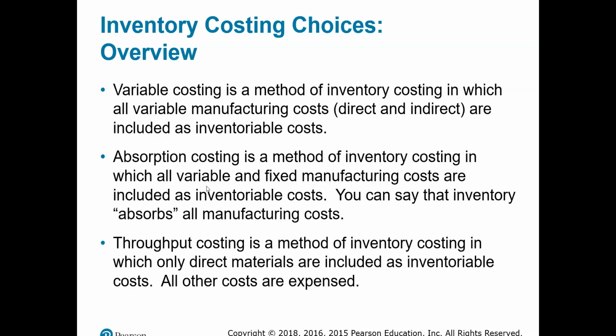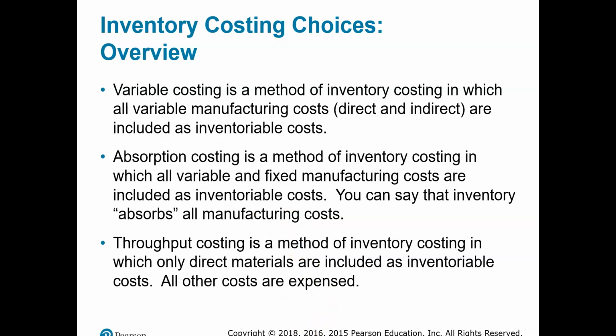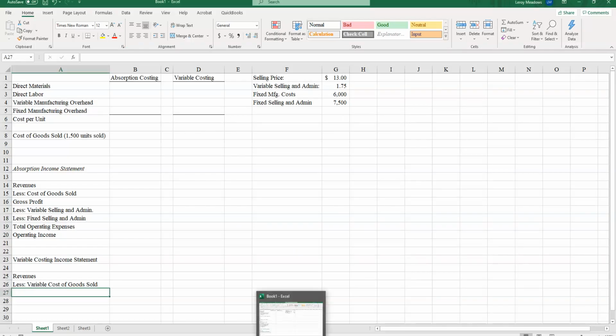So let's take a look and illustrate this. The best way of doing this is to illustrate it. Let's say I make widgets, and each widget is selling for $13.